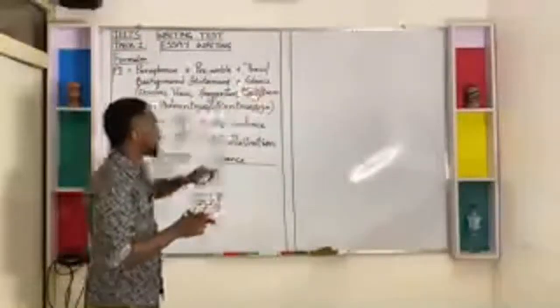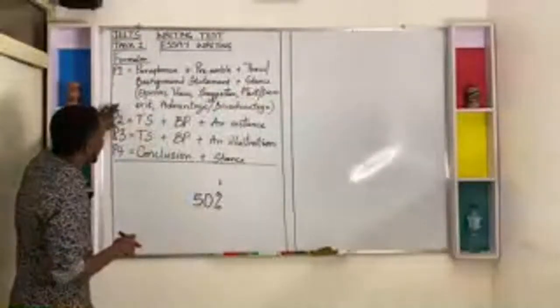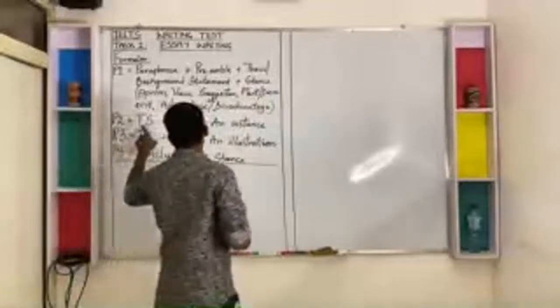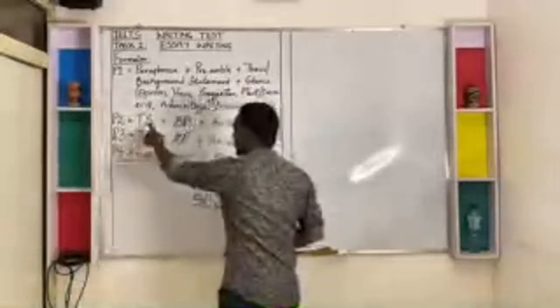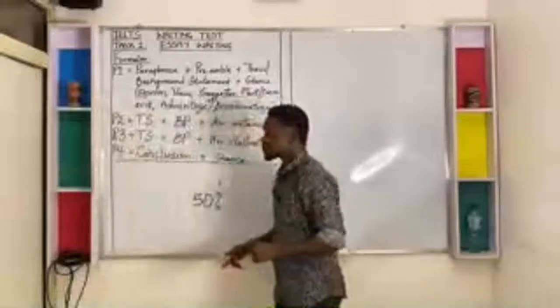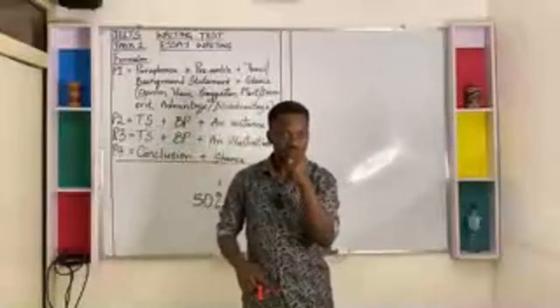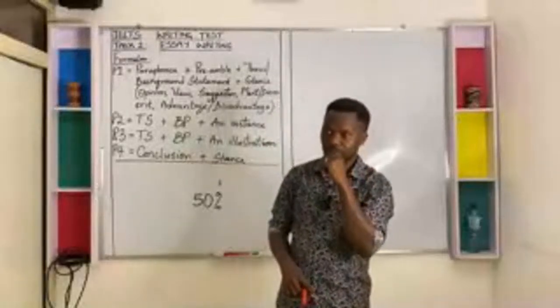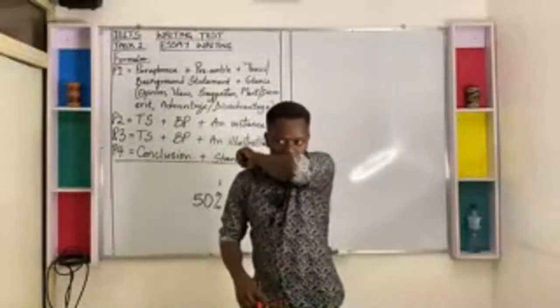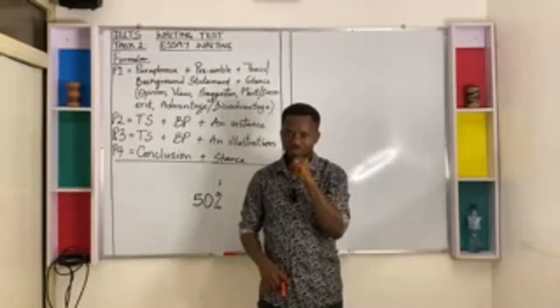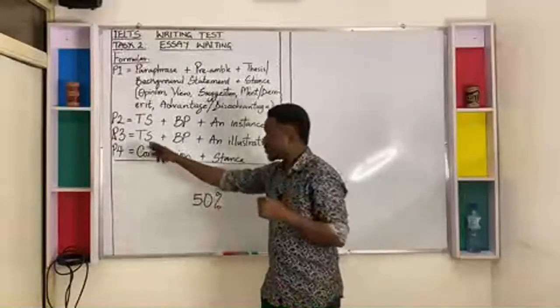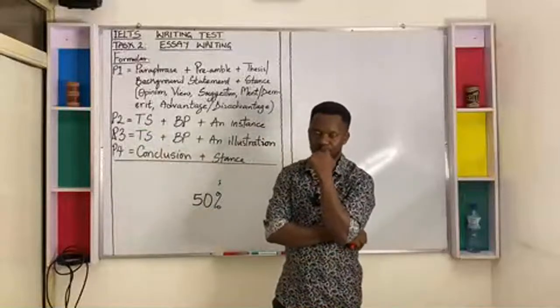when you come for your paragraph 2, TS means topic sentence, right? What is this topic sentence all about? Where will you get it from? The points. You pick a point, one of the points drafted down, that would be your topic sentence.